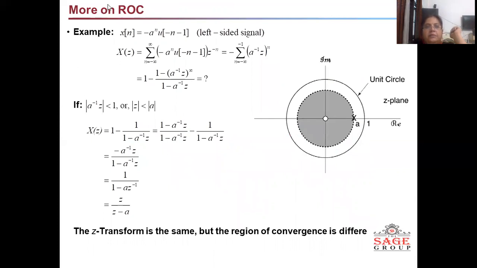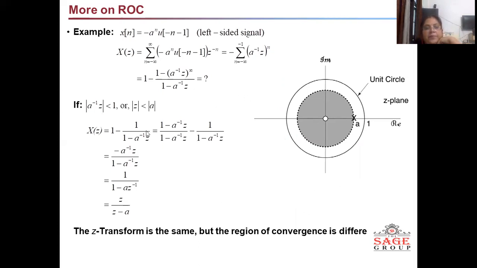Now we have considered one more example. We have shifted the unit step function, multiplied it by the exponential pulse, and found the Z transform. The Z transform is the summation of n from minus infinity to plus infinity of x[n] z to the power of minus n, and instead of x[n] we put the given signal and find its ROC.